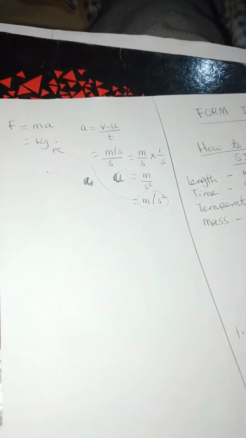Now taking this and bringing it here, what are we going to have? It means we are going to have kg dot m per second squared.